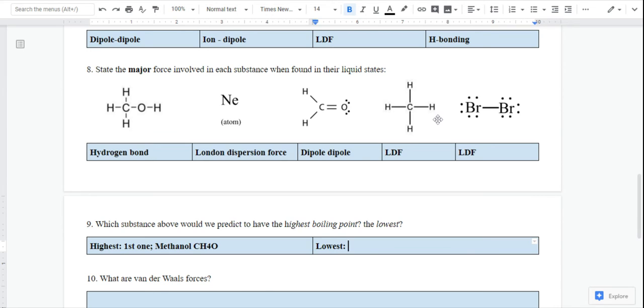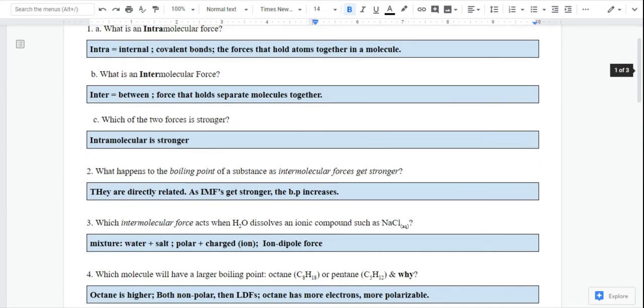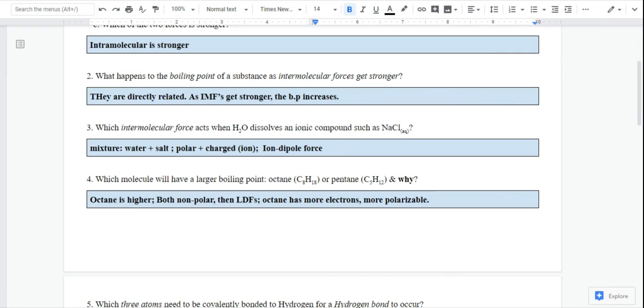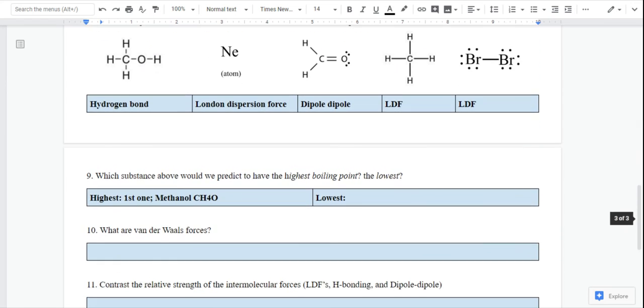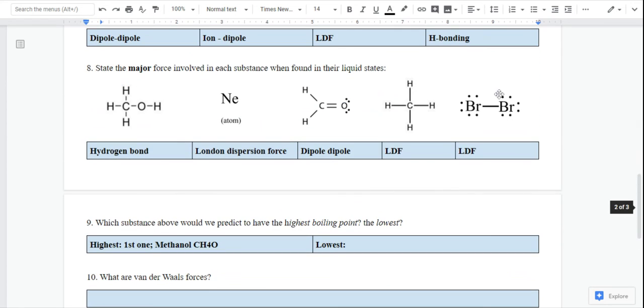However, we talked about how you can differentiate between multiple nonpolar things, and it's polarizability. So just like this question up here between octane and pentane, the smaller one will have the lowest boiling point. Bromine atoms are pretty large and have tons of electrons.